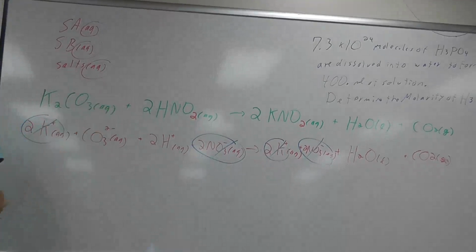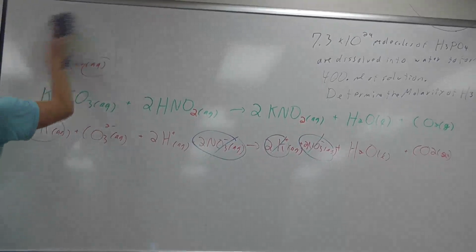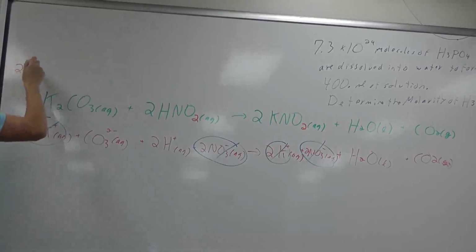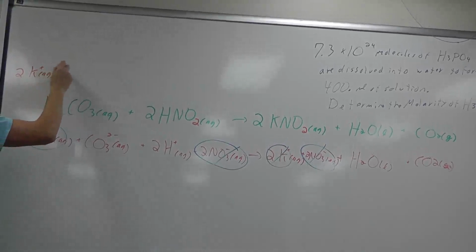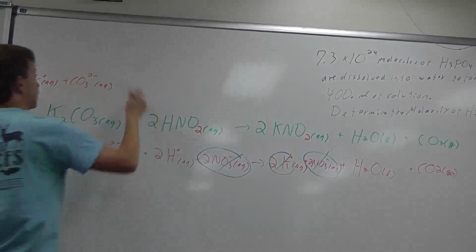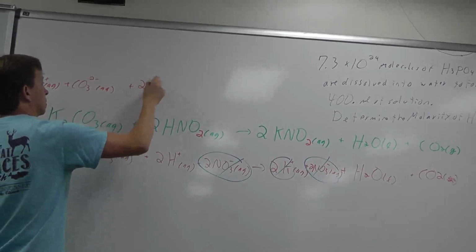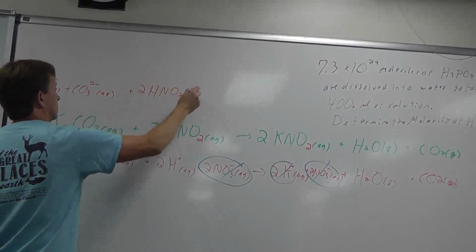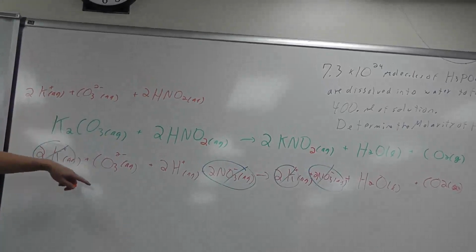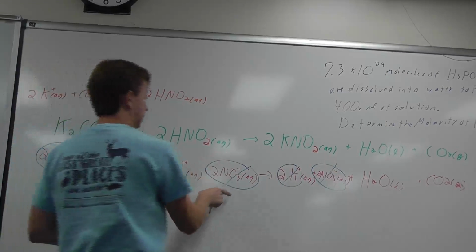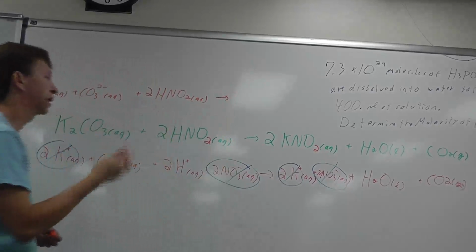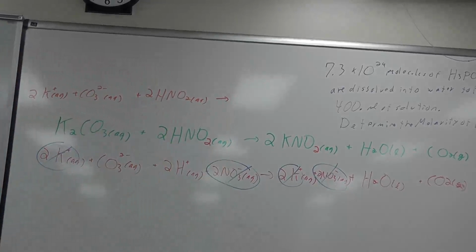And so in that case, I'll put this up here above. This would still be separated. But your acid would not. That's different, correct? The strong acids are separate, but the weak acids are not. Don't just automatically separate everything that's aqueous.